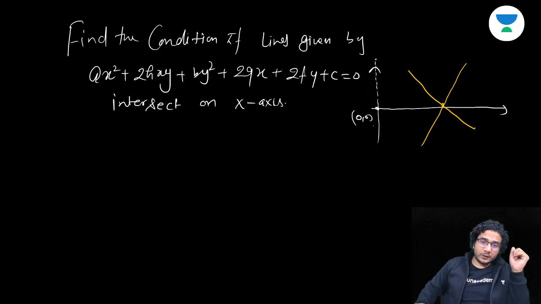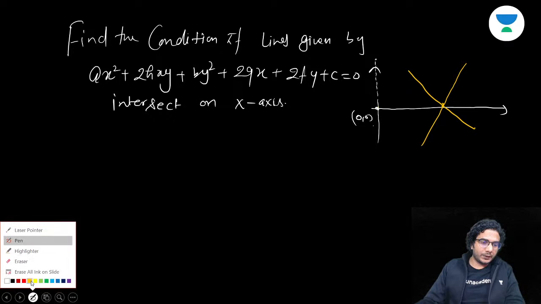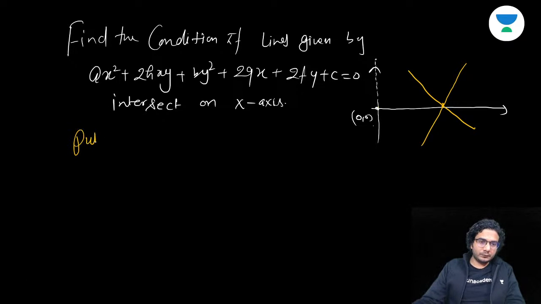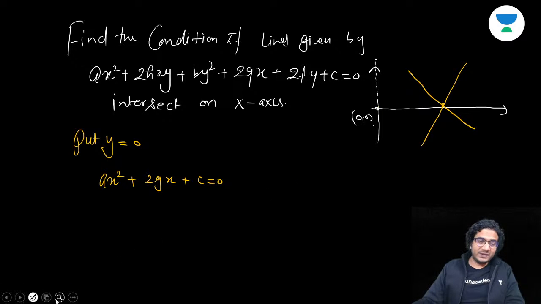Yeah, first of all, you should put y is equal to 0. If you put y is equal to 0, you will get a quadratic ax square plus 2gx plus c is equal to 0. And what does this quadratic represent in general?